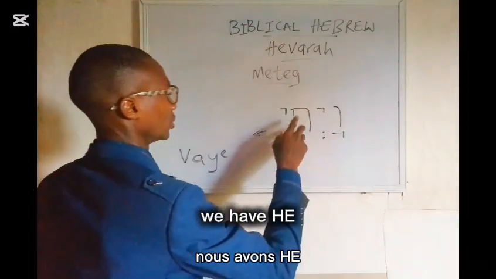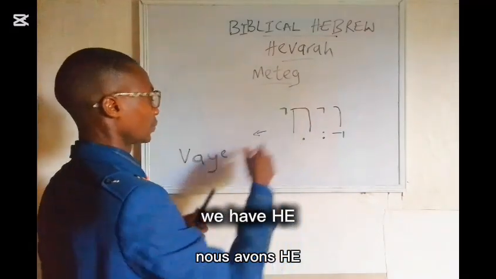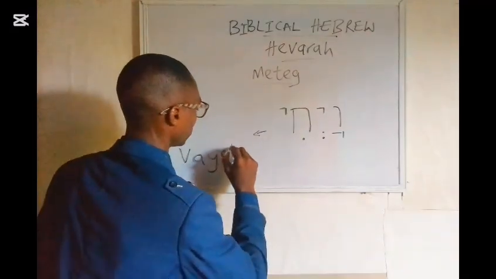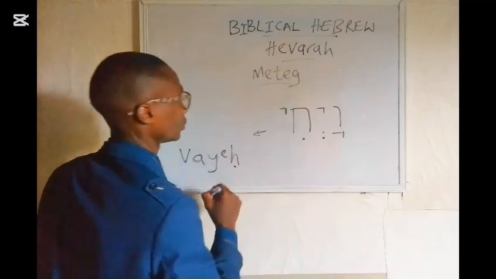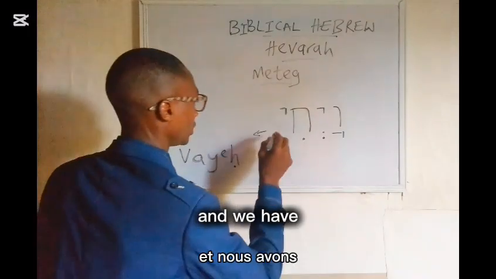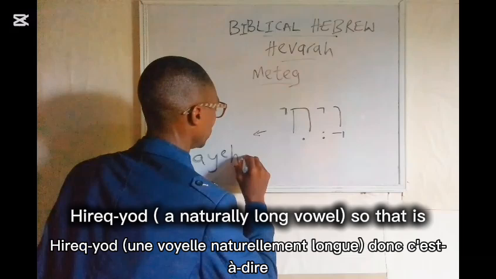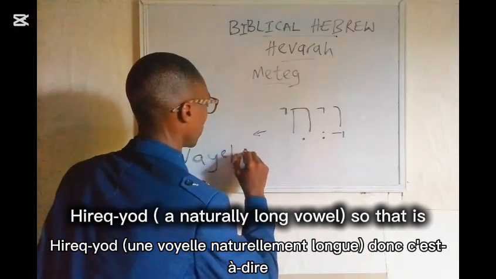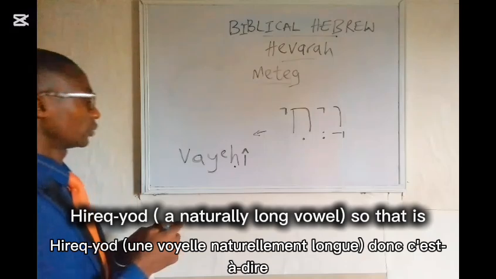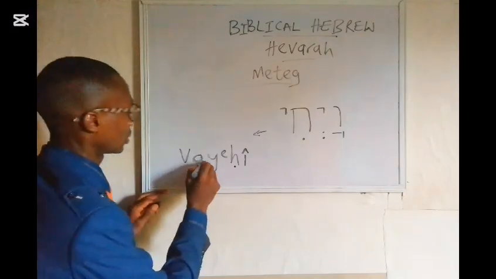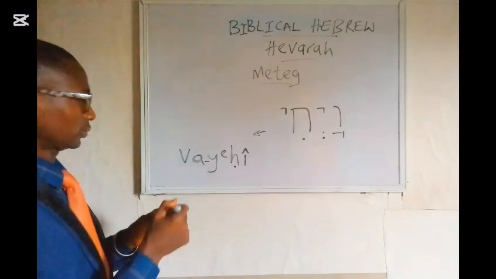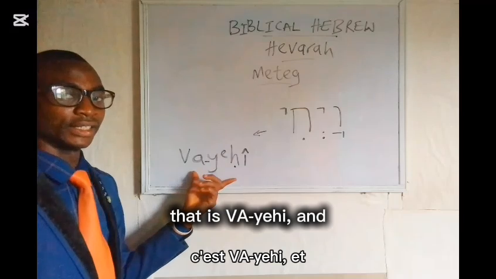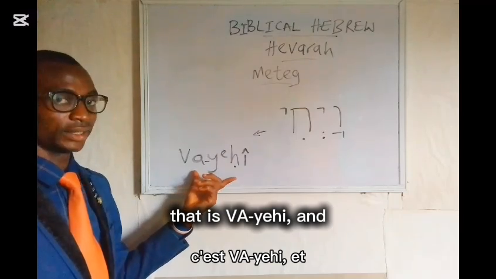Then we have he, and we have hiriq, an irregular, naturally long vowel. So that is wayehi, wayehi.